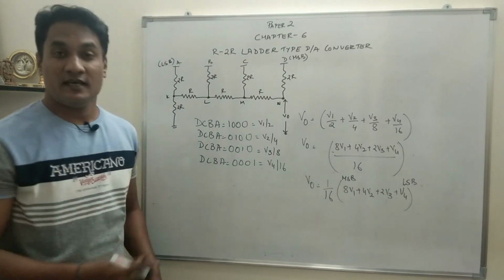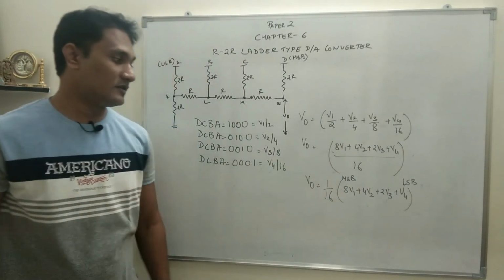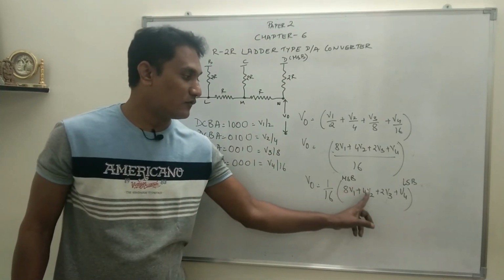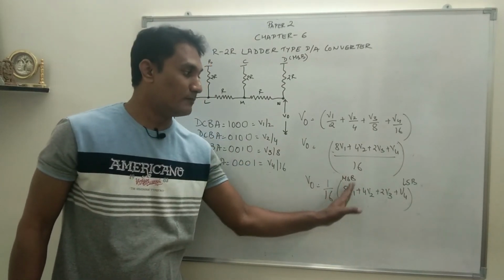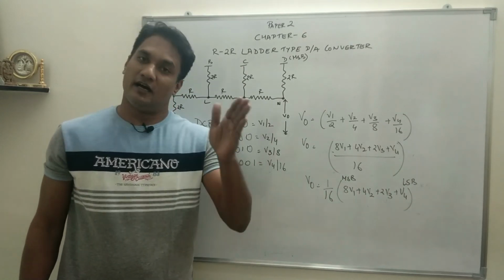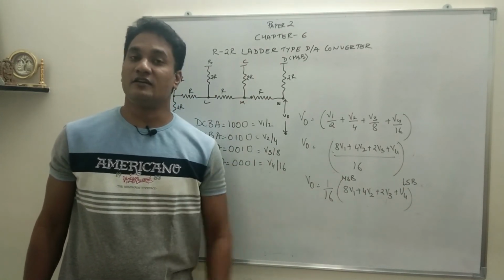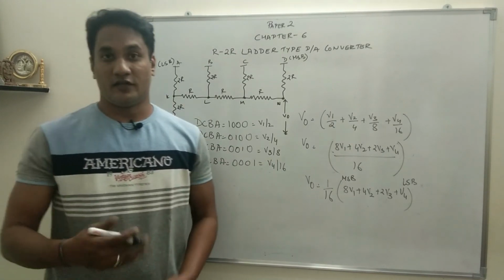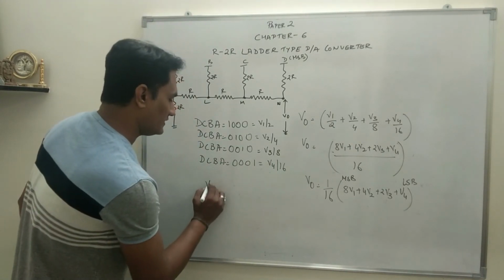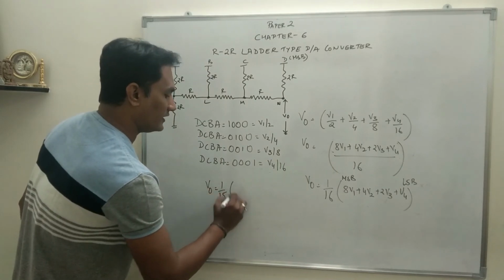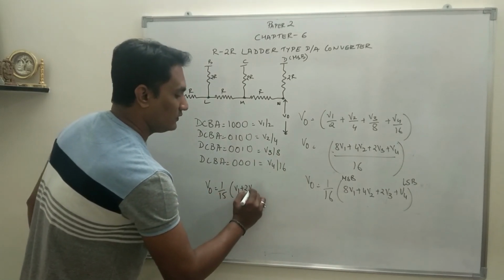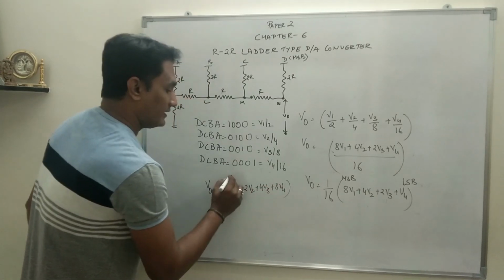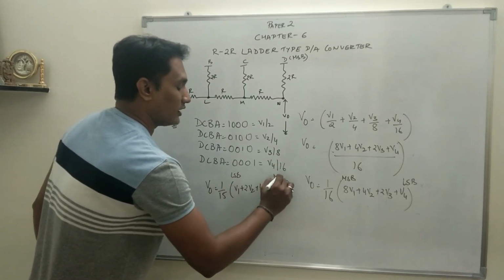You can see that in the output voltage equation we have written, the voltages will be in the ratio of 8:4:2:1, starting from MSB to LSB. If you recollect the equation for the weighted resistor type D2A converter, the formula was V0 equal to 1 upon 15 times V1 plus 2V2 plus 4V3 plus 8V4, and there V1 was LSB and V4 was MSB.